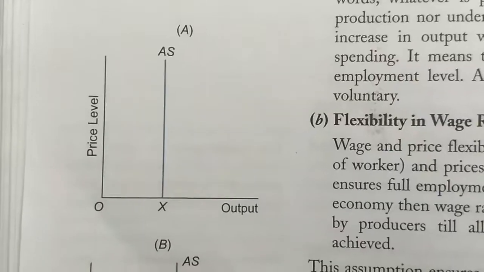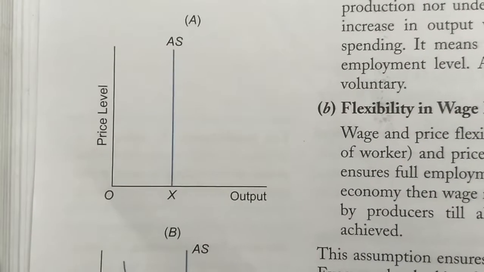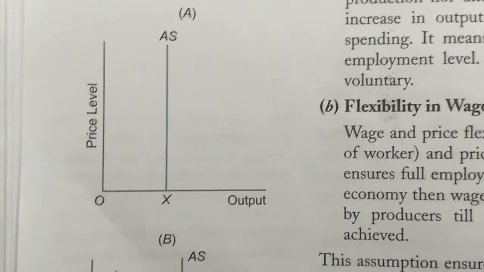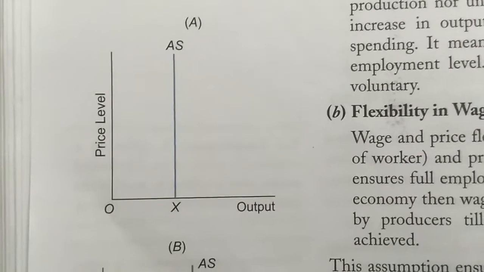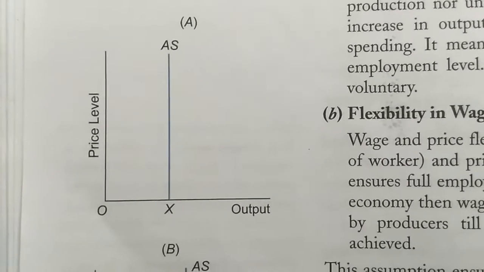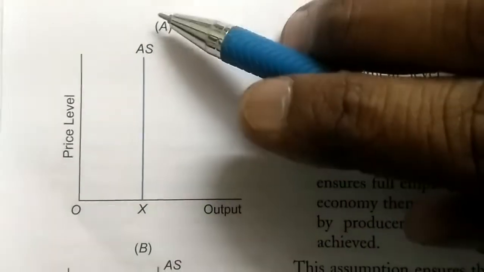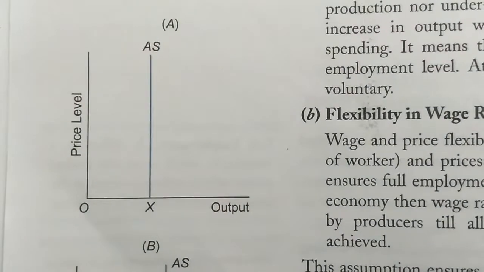Let's see this with the help of the diagram. The classical theory shows the equilibrium level of output at the full employment level. AS is the aggregate supply curve.